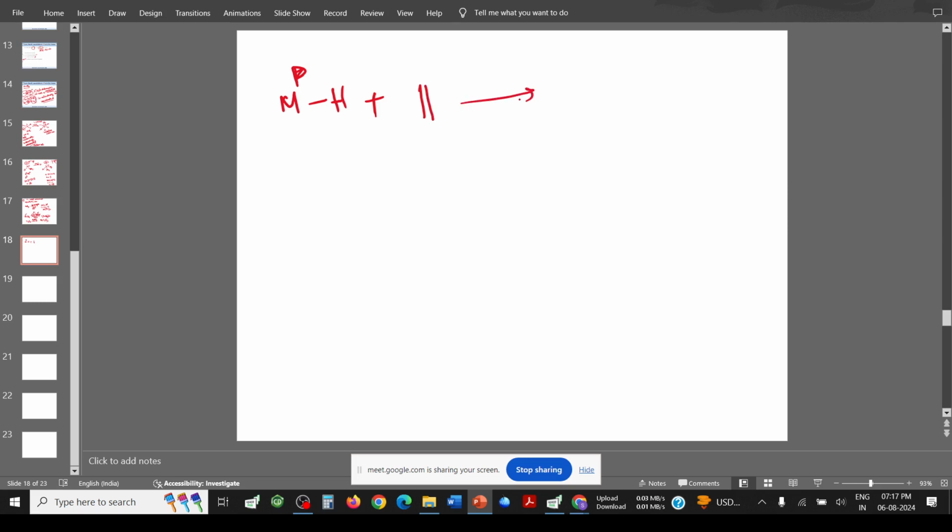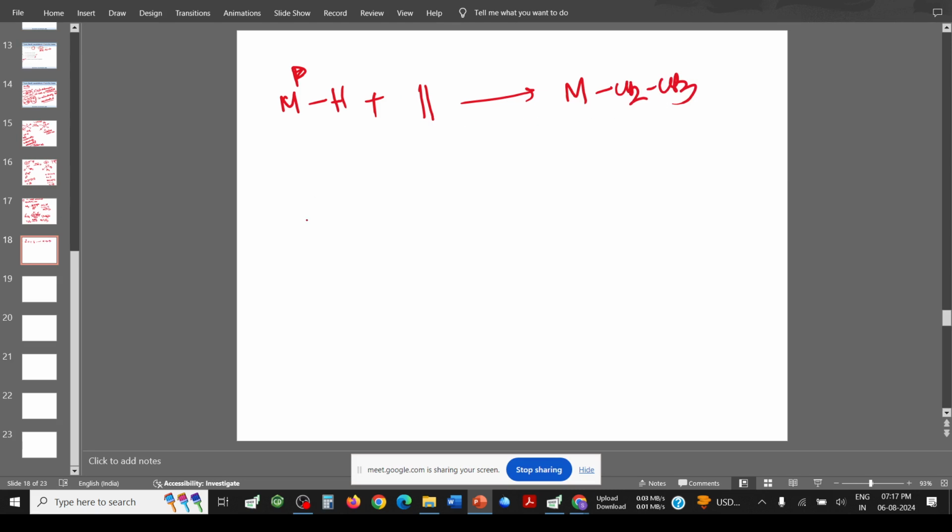So this will undergo reaction. This hydride will take part in the addition with this alkene to give the metal alkyl complexes. So it will be CH2CH3 if this is ethylene. So this is the general representation.